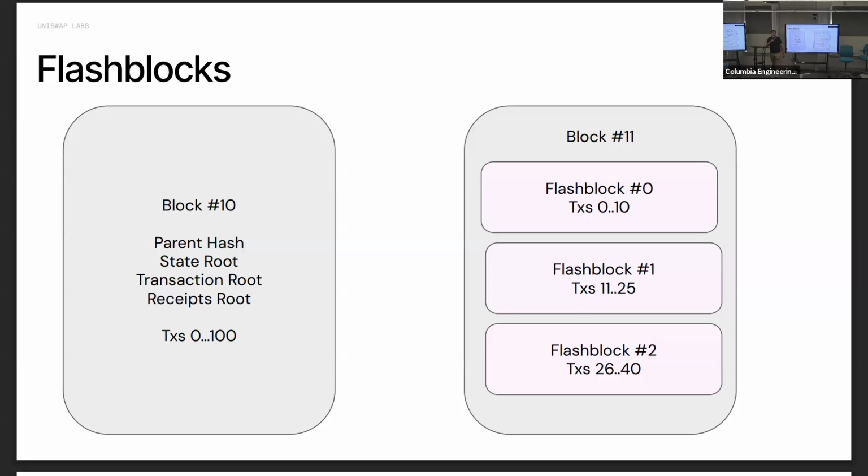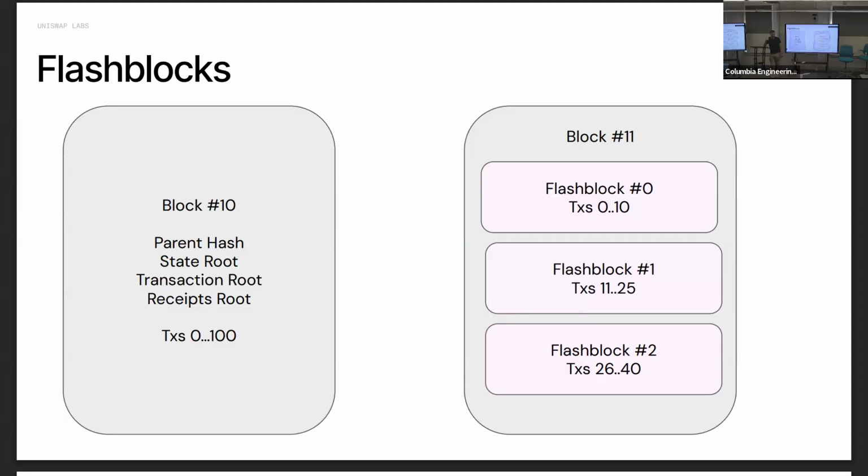This assumes that you don't decide to push out a different flash block or finalize a different block, but once we push out those flash blocks, we put in work to make sure that will be the final block. In the flashblock, we have the application. We do execution on the flash block. We just don't do state root computation. Execution's faster than state root.